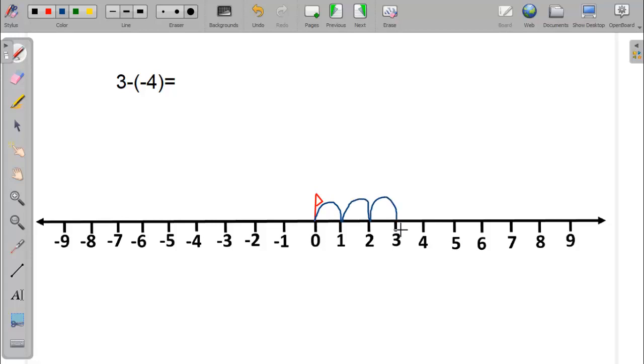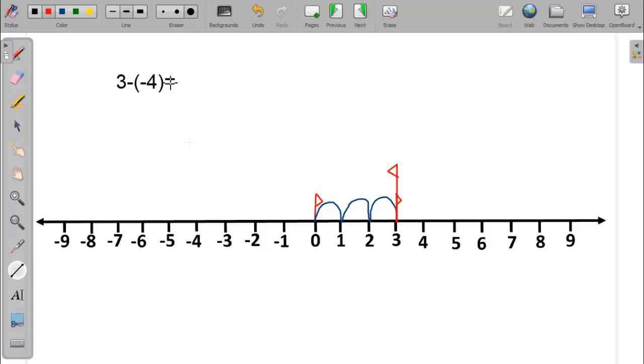Now we draw the same stick figure at the new position at 3. Now listen, we are going to subtract. So for the subtraction action, we have to turn the face of our stick figure towards the negative side.